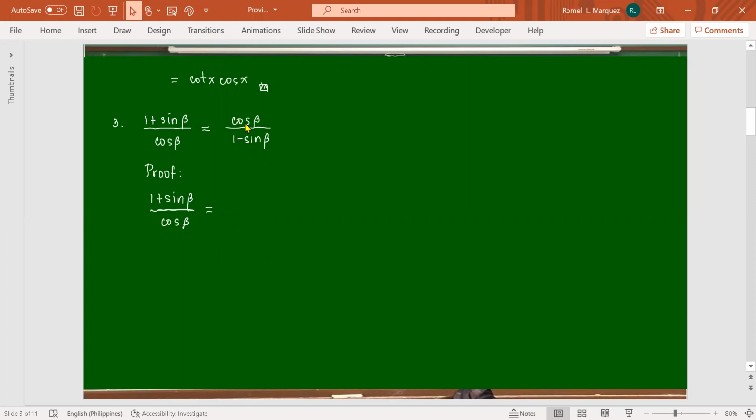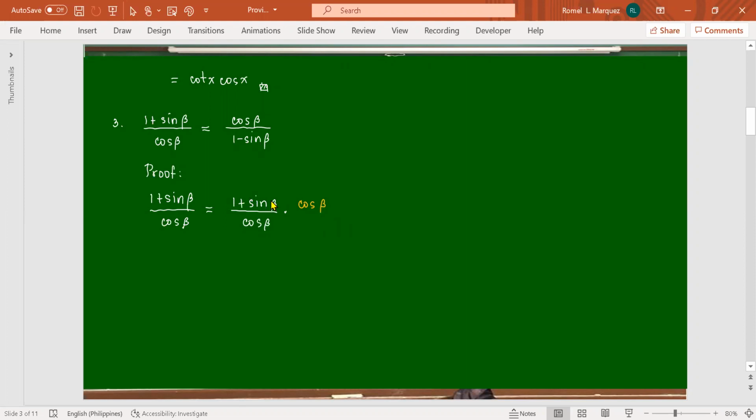On the right side, there is cosine beta, no? So if I want to have cosine beta in the numerator, let's try multiplying the numerator by cosine beta, because that is what we want. Okay? So let's multiply. We multiply the numerator by cosine beta, but I have a violation.